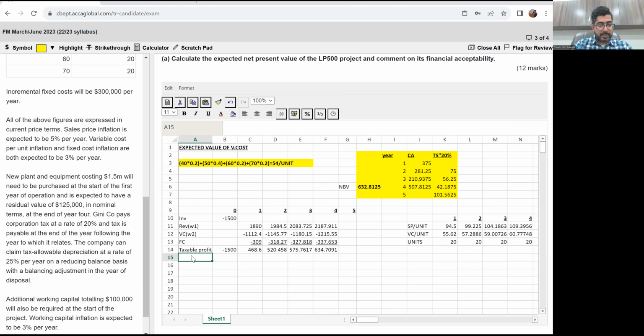Okay, you have to pay 20% tax in arrears. So from here, it's C14 asterisk 0.2. It should be negative. And I can drag it.